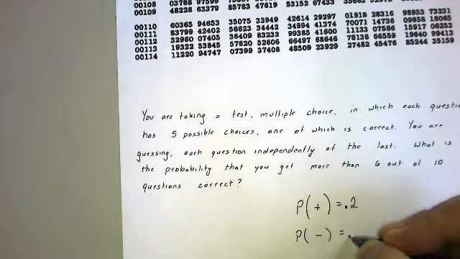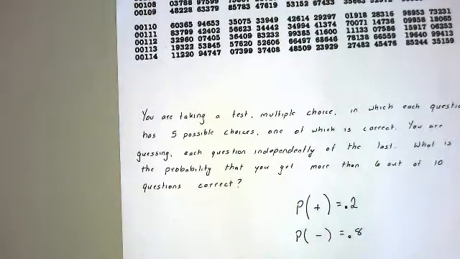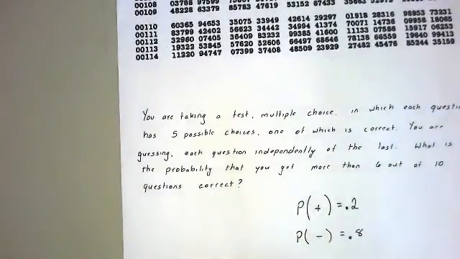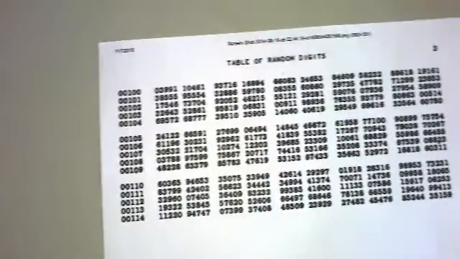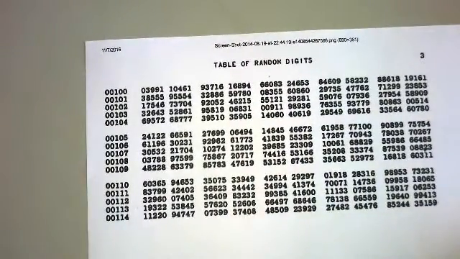So I need to set up some simulation using my table of random digits so that those digits are going to represent questions. And the value of the digit is going to tell me whether or not I answered the question correctly or incorrectly.